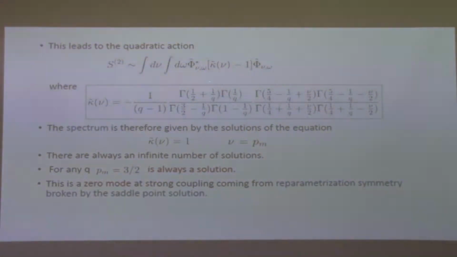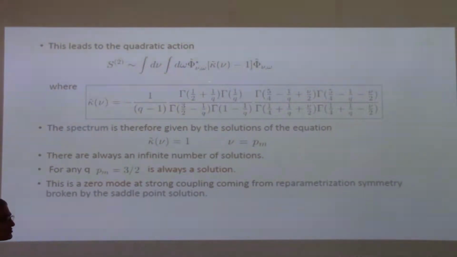It's easy to see that there are always an infinite number of solutions for any value of Q. Q, remember, was the number of fermions which interacted with each other. However, for any Q, there is a special solution whose value is just exactly 3/2. And there is a reason why this is always a solution regardless of Q.